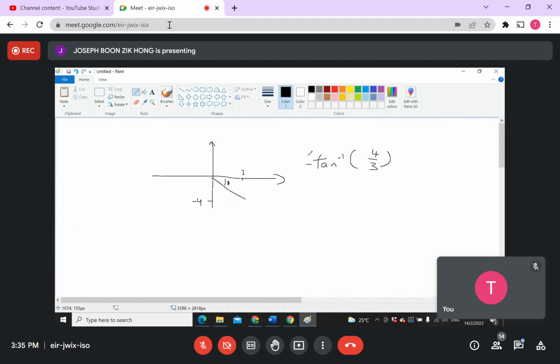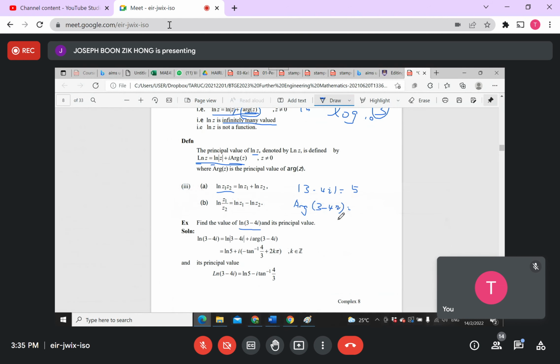Okay, so now let's see what is the answer. Shift tangent of 4 divided by 3, I get the answer as 0.9273. So this one will be my argument. Okay, so what is my answer for this one?